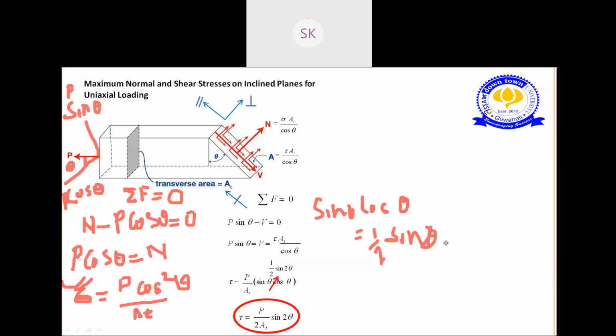Half sin 2 theta. So we get tau equals P by 2A sin 2 theta. So you understood the relation between normal stress and shear stress with the external uniaxial loading. Those two derivations are clear.